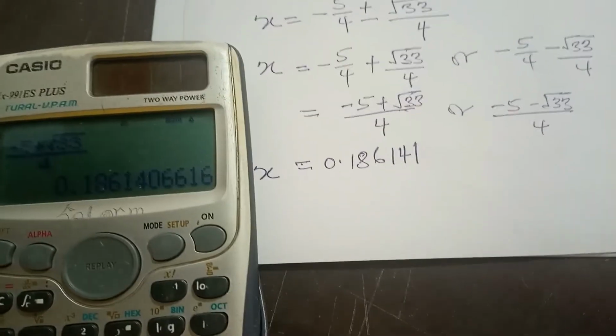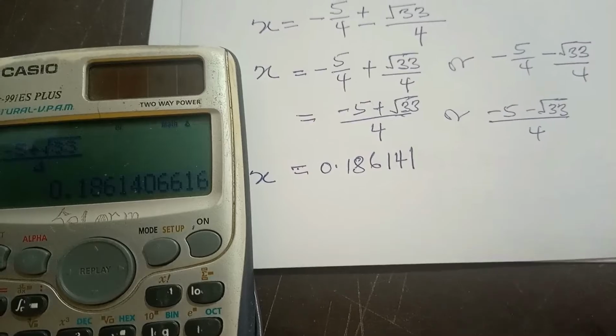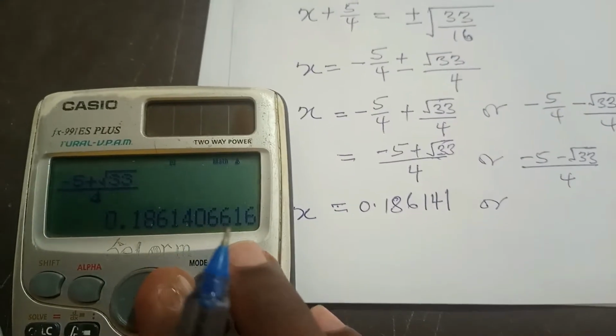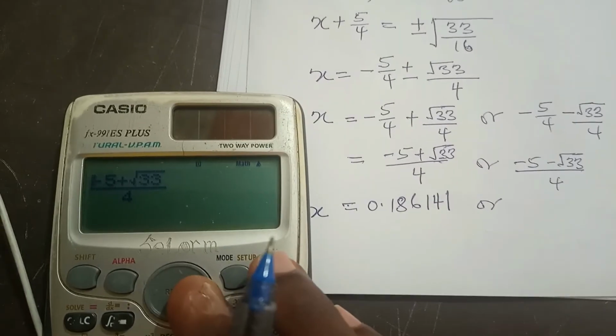I've just decided to write it to 6 decimal places for now, or we change the plus to minus.